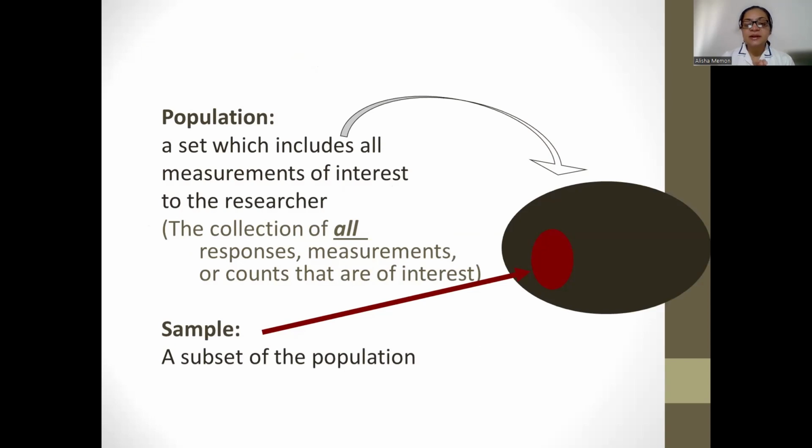Say, for example, patients with ONE, they will come under the gray area that you can see in the picture here. And the red one is the sample, which is the representative of the entire population who has ONE, which is taken into the study process. So population is the one which we look at for the research process, and the sample is the one which we actually recruit in the research process.